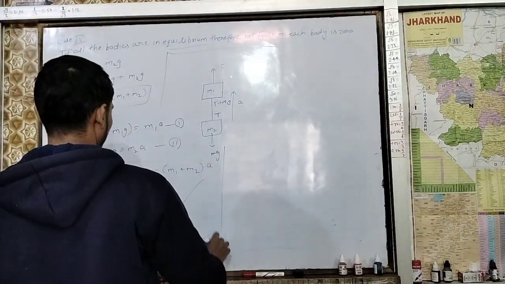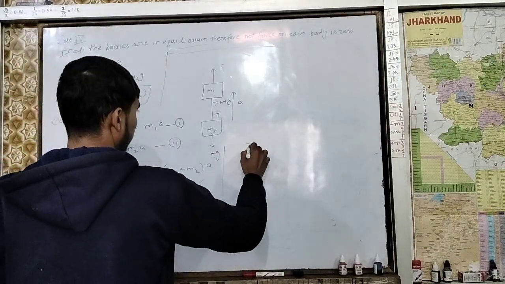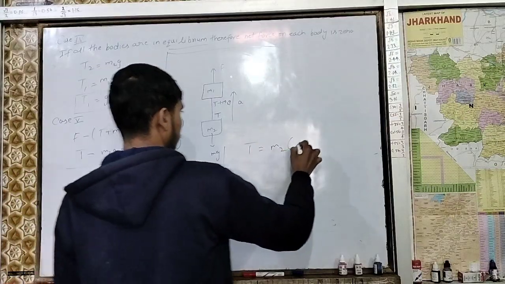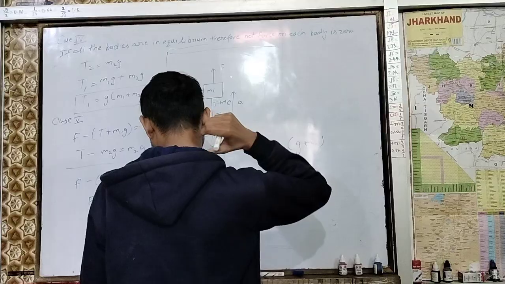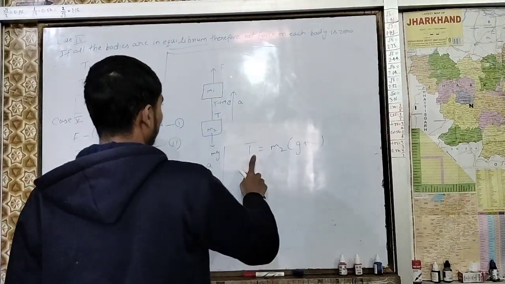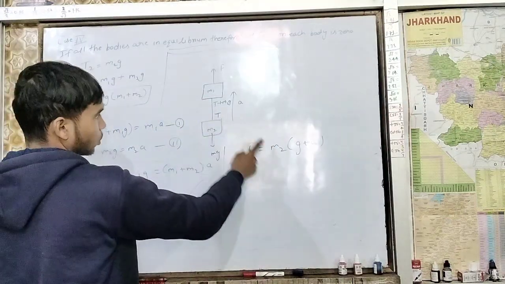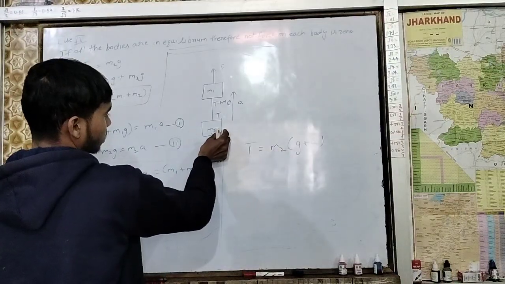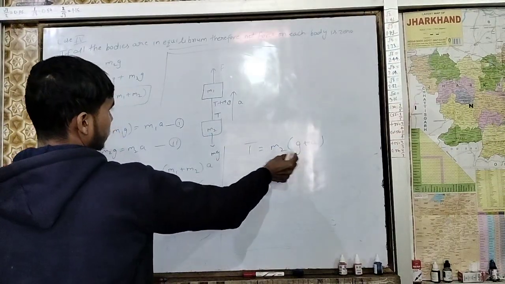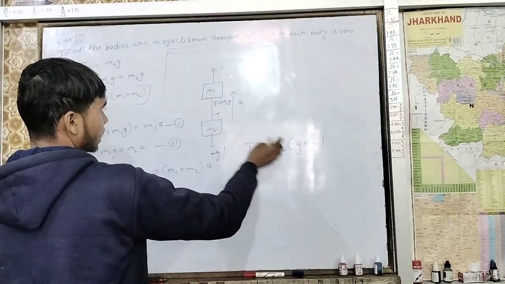Now T will be equal to m2 into g plus a. Try to understand, g plus a. We are talking about this T. This m2 is a mass, g is downward and a is upward.